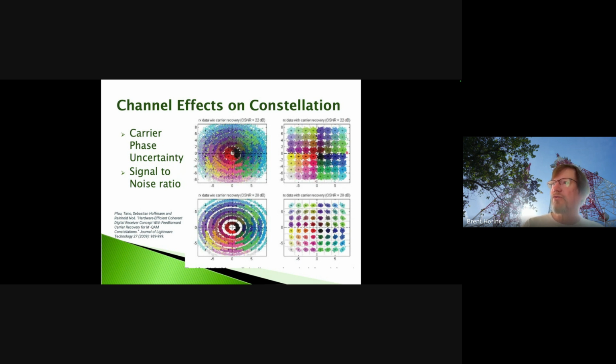But if we just drop this by 6 dB, the signal power down to 22 dB, then wow, we're at the edge of being able to make always correct decisions, right? And so our probability of making an incorrect decision goes up.